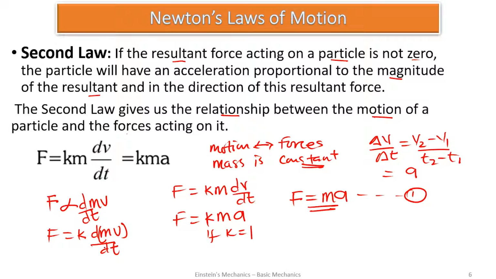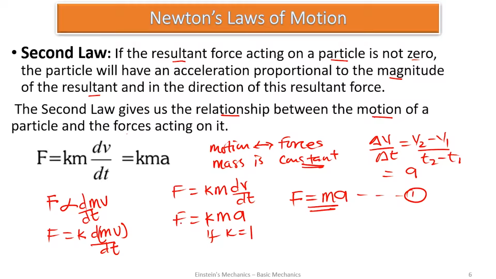Since mass is constant, the change is affecting the velocity. Anytime we have a change in velocity, we are getting acceleration. So this whole dv/dt is acceleration.